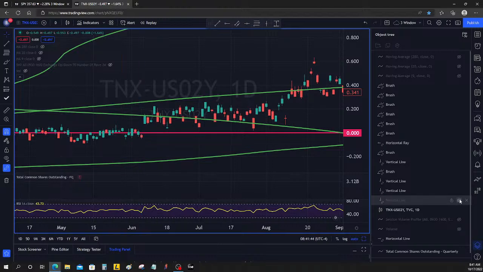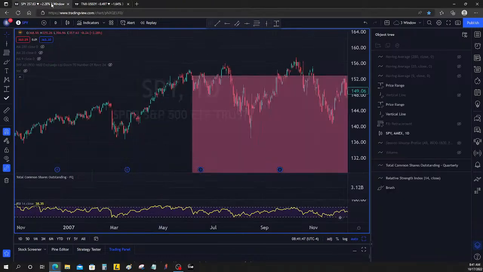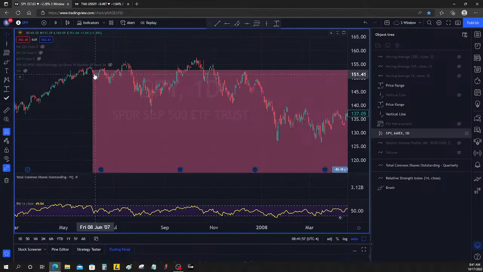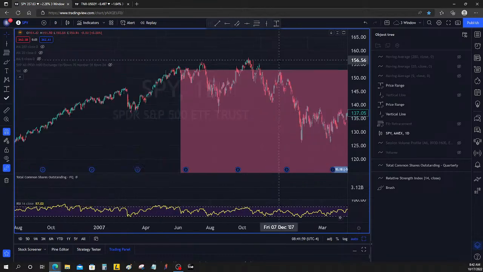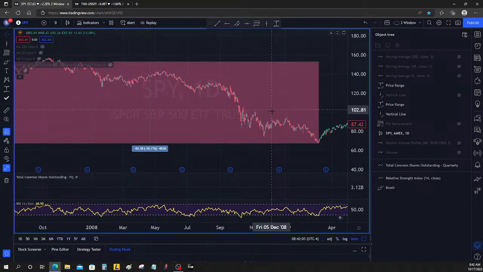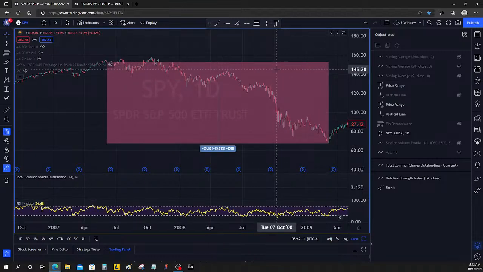And after that point, that's when we started to see the significant downturn. Now, the SPY did pop back up again above that price range. But from that point forward, that really represents the high. And this led to a subsequent almost 56% downturn on the S&P.